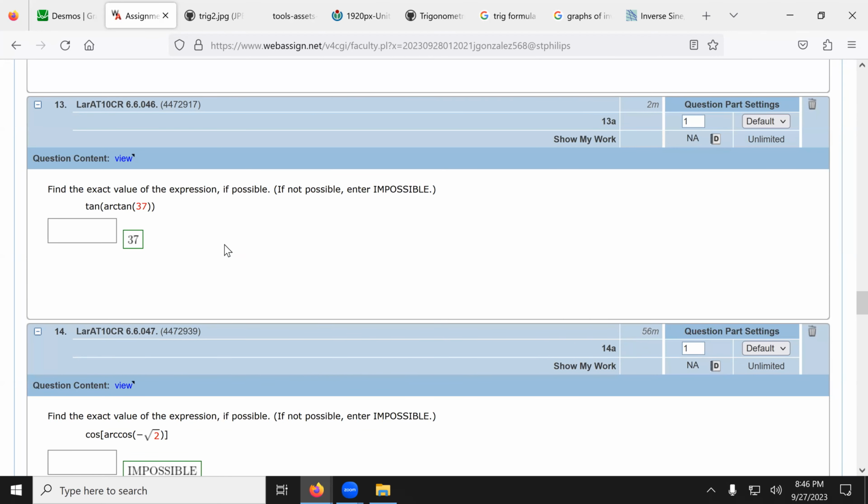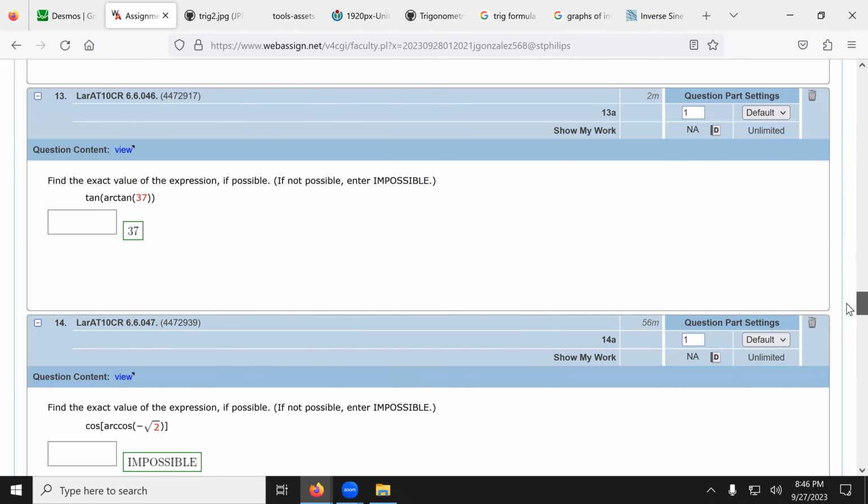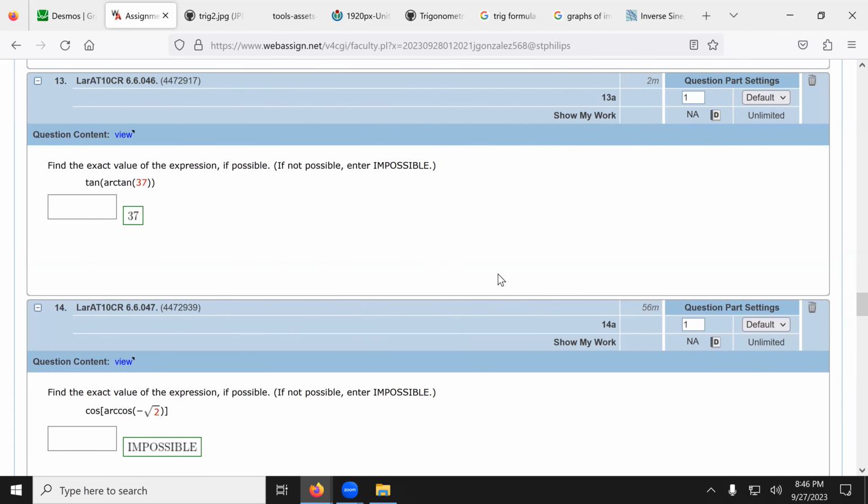Now, 13 and 14 are a little more interesting. Remember back in the day, right? These would cancel, leaving you with an x. For example, we have an f equal to x squared, and a g equal to the square root.